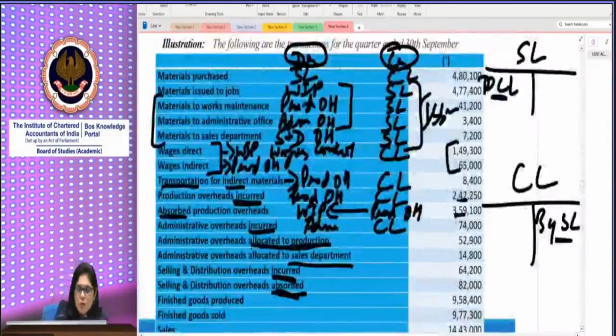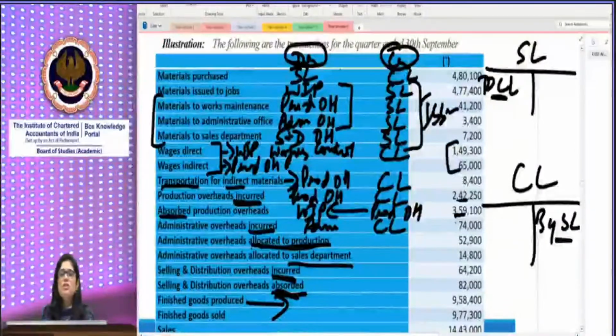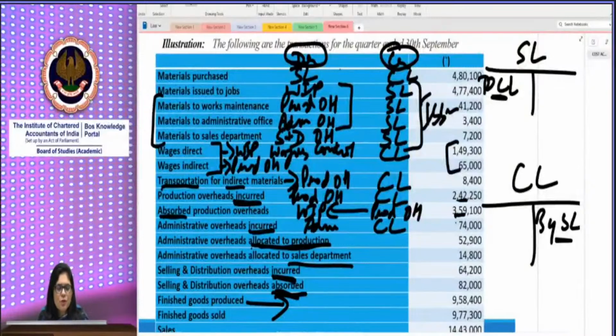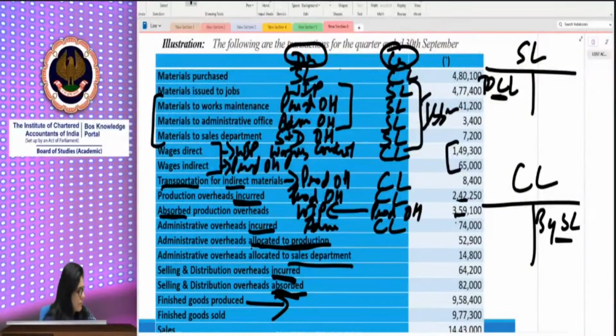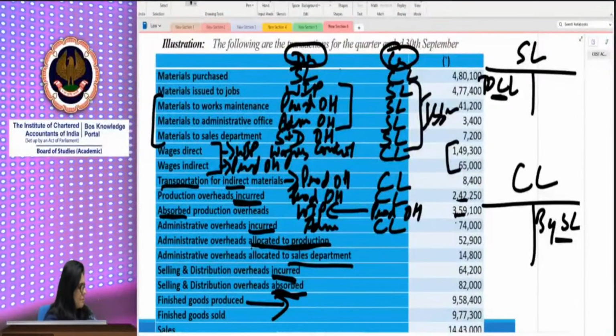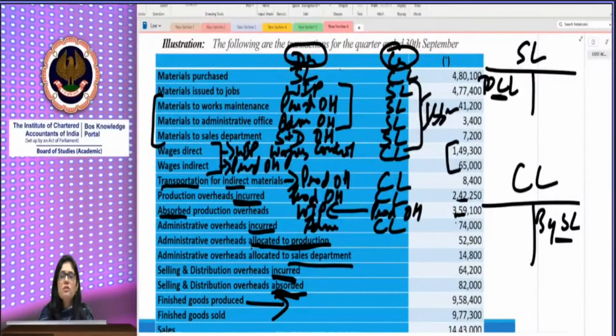Finished goods produced. Now this is important. Can anybody tell me, finished goods produced, which account will be debited and which will be credited?